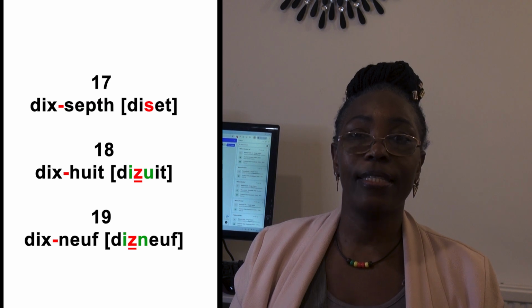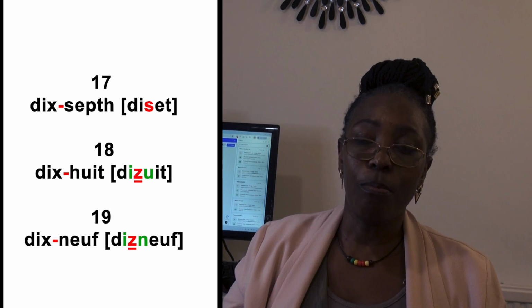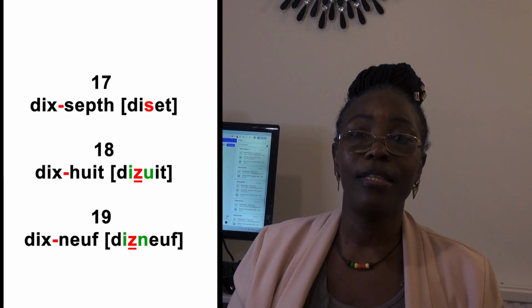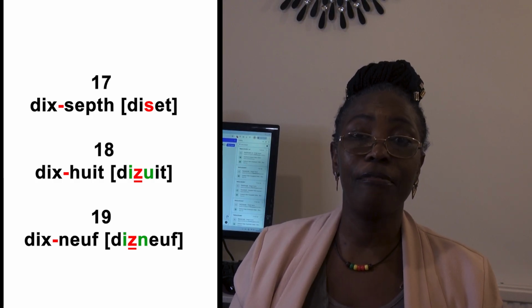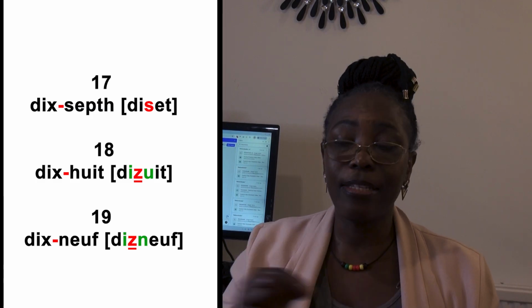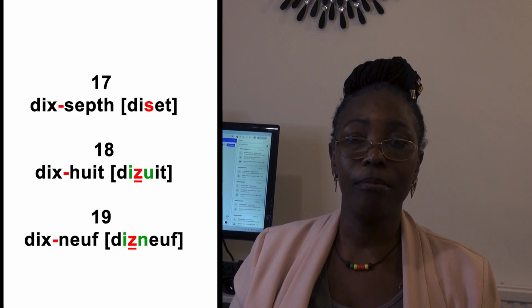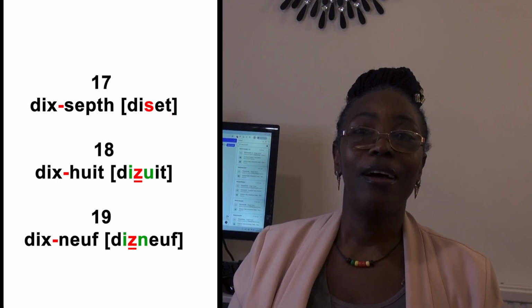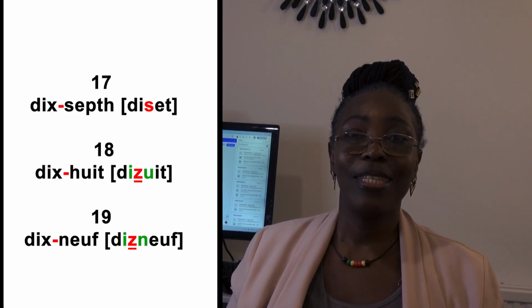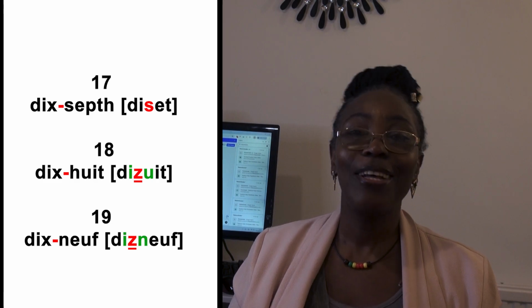So 17, 18, 19. You must have a hyphen between them, but you don't stop at the hyphen. You have to pronounce it as one word. 17, 18, 19 with the hyphen in the middle. Okay? So we've done from 1 to 19. That's great. Now you can count from 1 to 19.